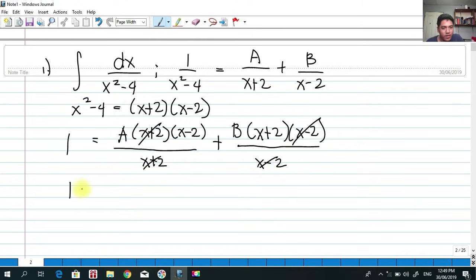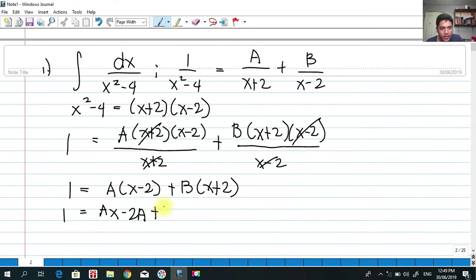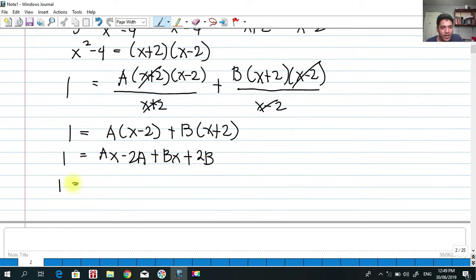So it turns out that 1 is equal now to a times x minus 2 plus b times x plus 2. So let's perform the distributive. So ax minus 2a plus bx plus 2b. Okay, so combining like terms, you have ax plus bx plus 2b minus 2a.